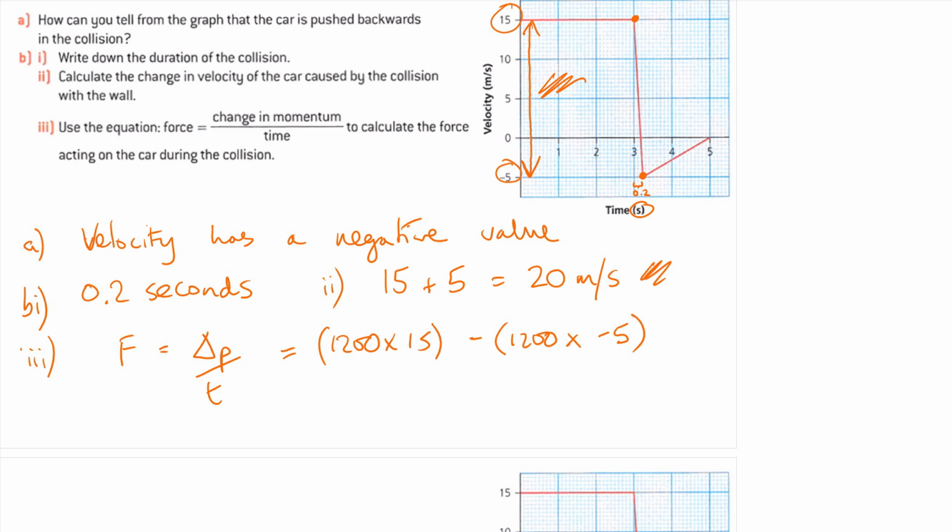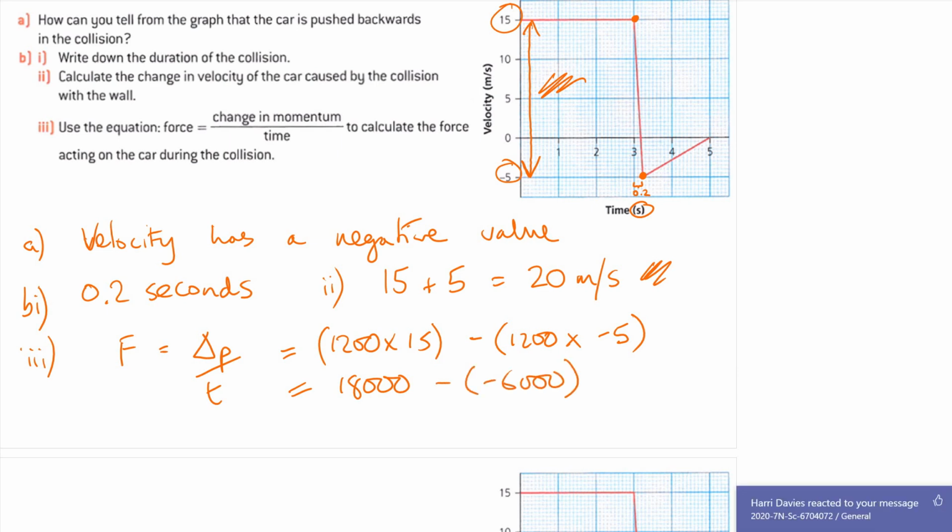Remember, it's -5, so a negative plus a negative is going to come up to a plus. So we get 18,000 this side. Take away a -6,000. Minus and a minus becomes a plus. That's divided by time.